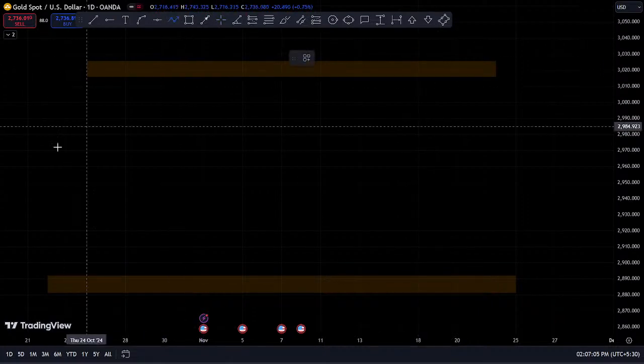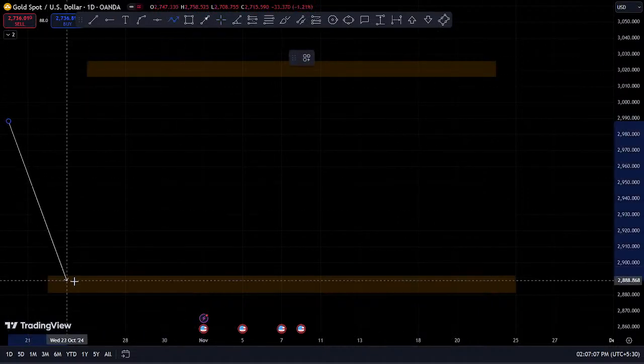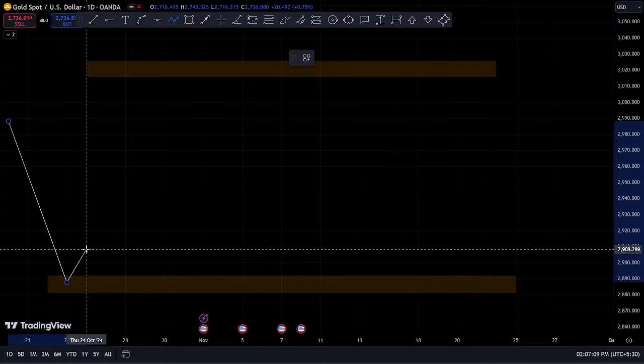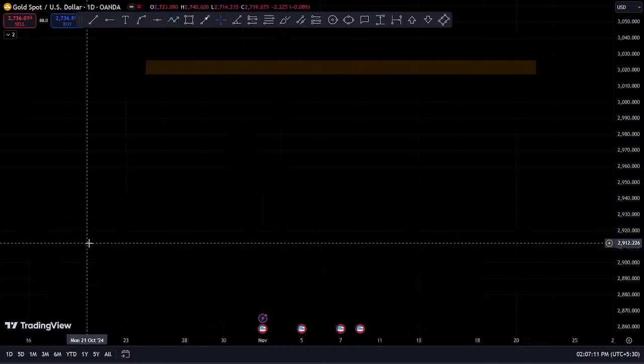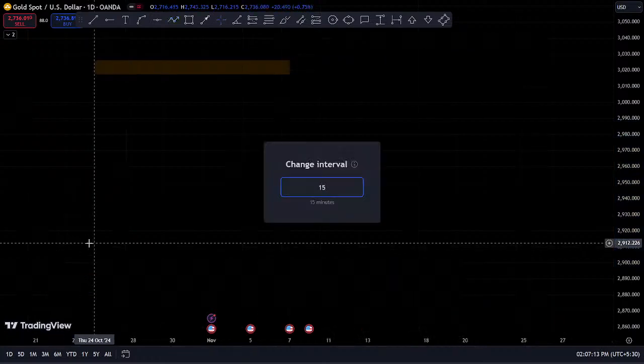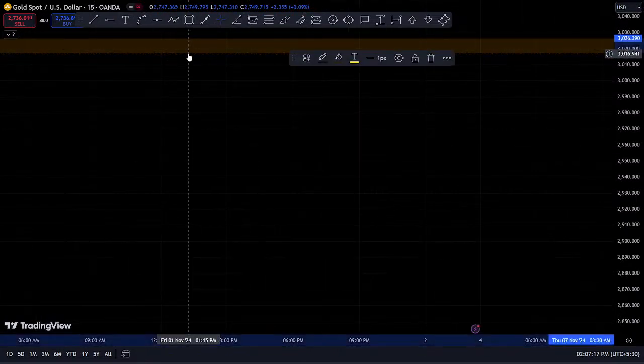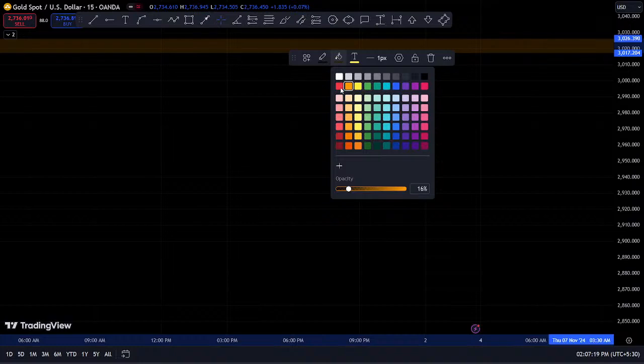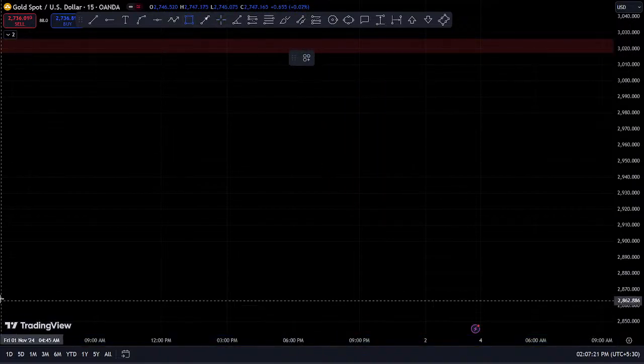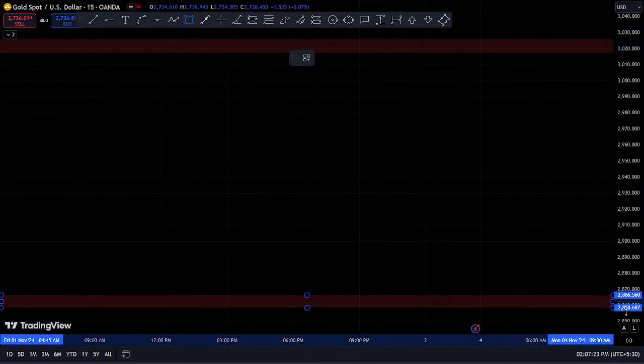Okay, now the price has suddenly crashed. Now it is trying to recover a bit. Okay, that is our supply area. We'll mark it in red. So this is our demand area.